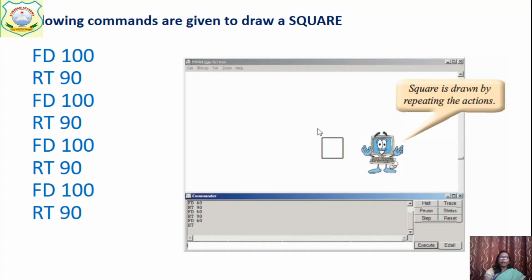Now we have one more command to repeat such types of actions, to reduce our commands, and we can make the square in a single command.